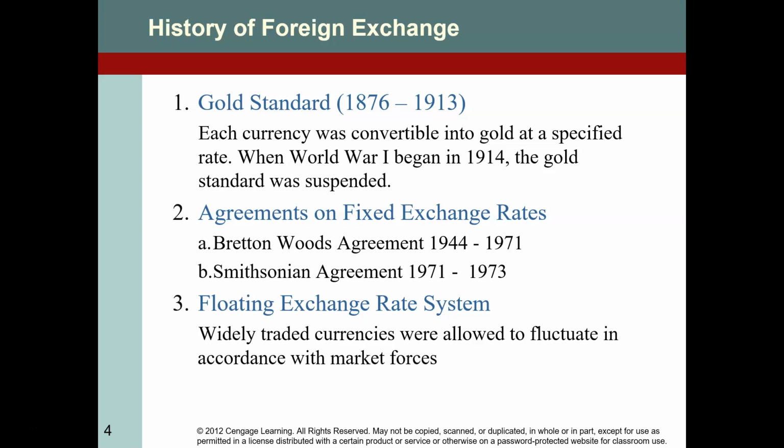From 1944 to 1971, we have Bretton Woods Agreement, and from 1971 to 1973, Smithsonian Agreement. If you want to look into more details of the agreements after the wars, you could Google or look into our textbook.